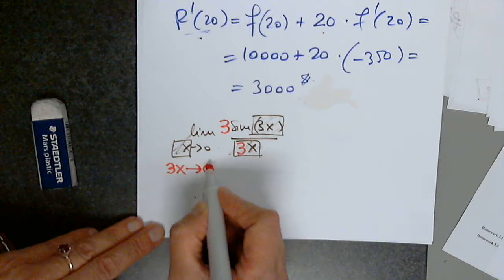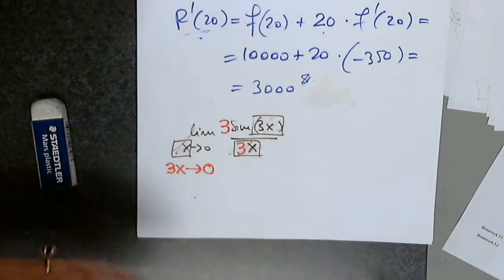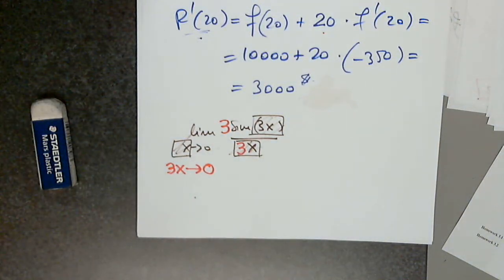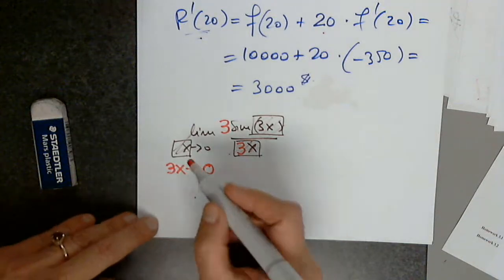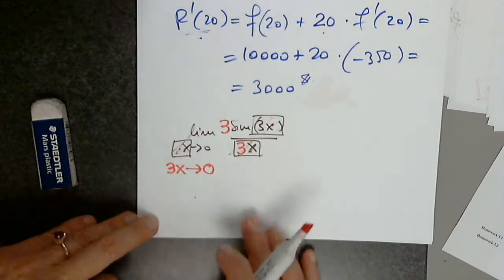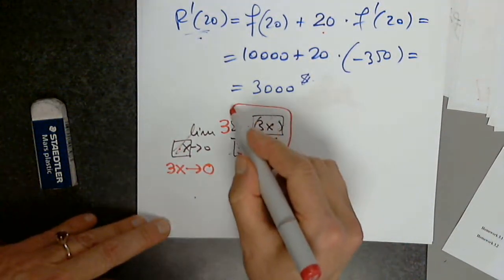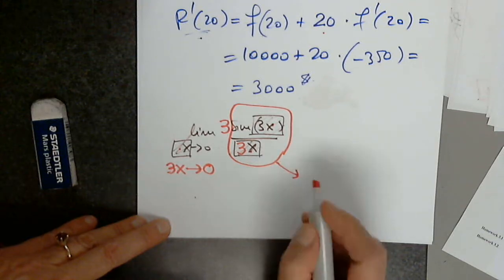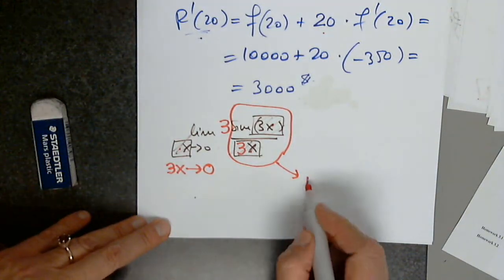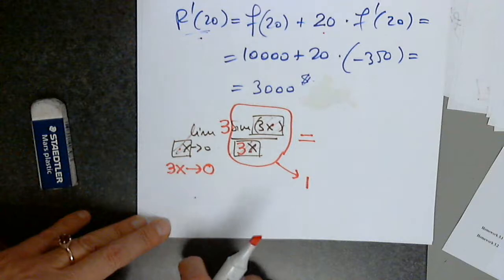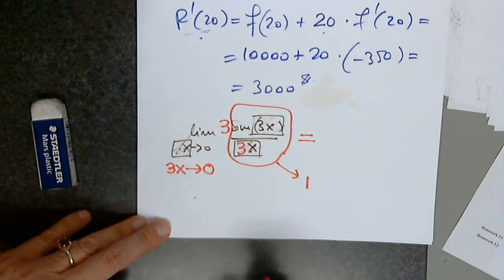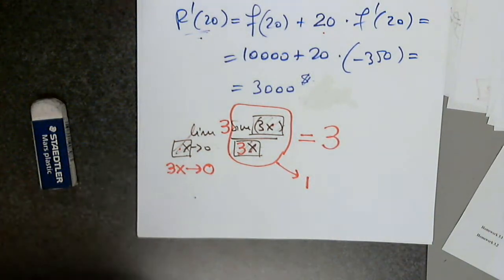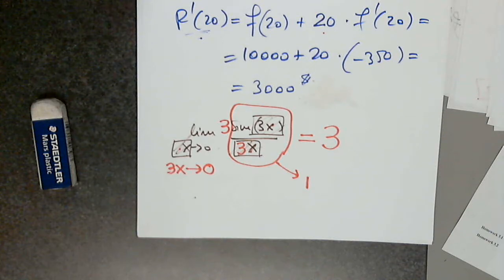Or 3x approaches 0. So when I say x approaches 0, I mean 3x approaches 0. It's the same thing. So now all these three things are the same. And now I can write that this indeed approaches 1. Therefore, the limit is exactly.